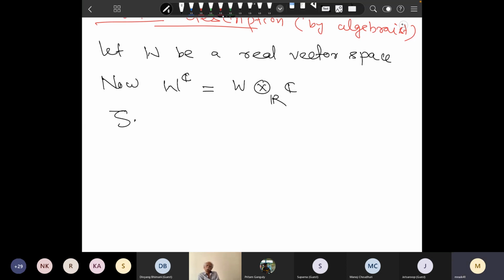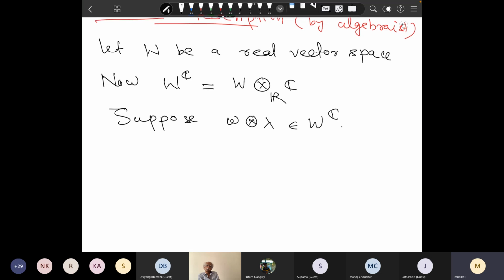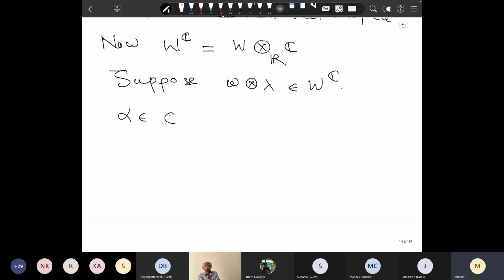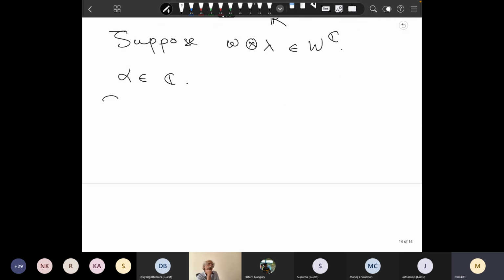Suppose W tensor lambda belongs to WC, and alpha belongs to C. So I define alpha into W tensor lambda to be W tensor alpha lambda. Okay.